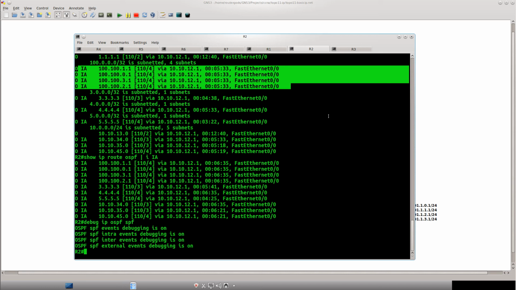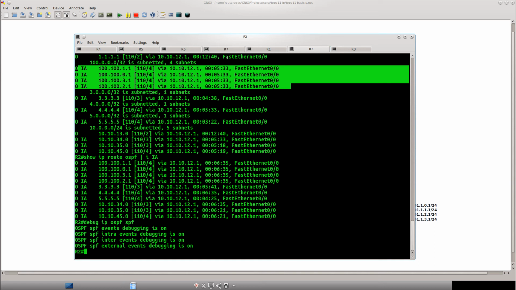We're going to do the same thing, and we're going to see if there's a difference between R2, which is in a different area, and R4, which is in the same area. We want to see if doing the multiple areas really helps us or hurts us.